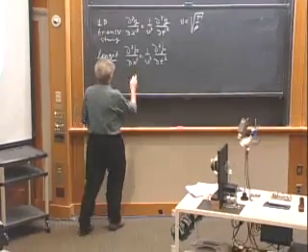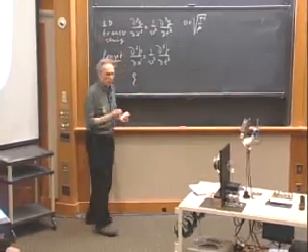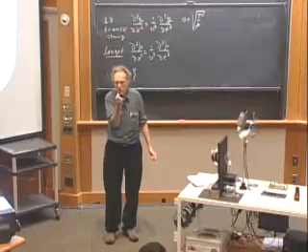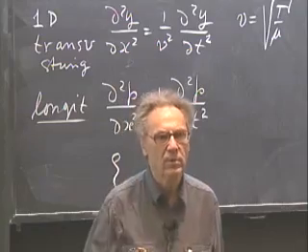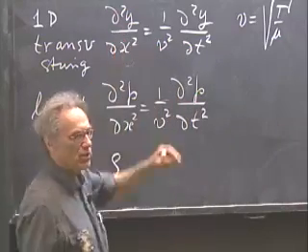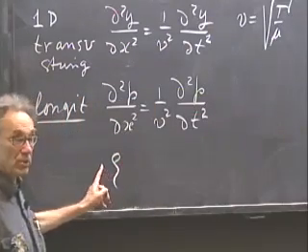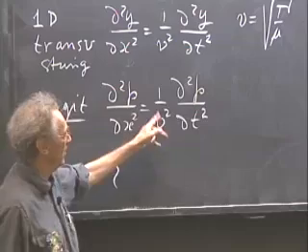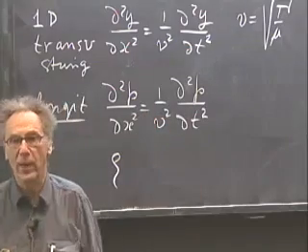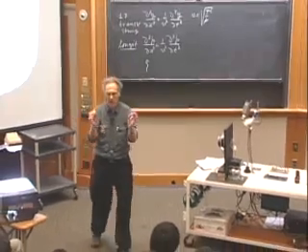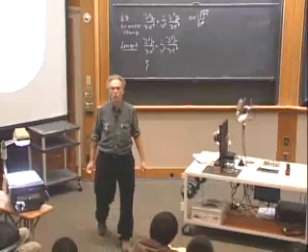If you prefer not to work in pressure, but in terms of the actual position of the air molecules, in analogy with the position of the string, then you can write down the same equation in terms of psi, so d2 psi/dx squared equals 1 over v squared d2 psi/dt squared. That then gives you the actual motion of the air molecules.